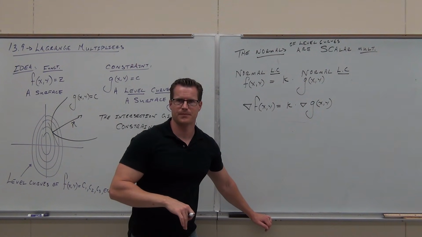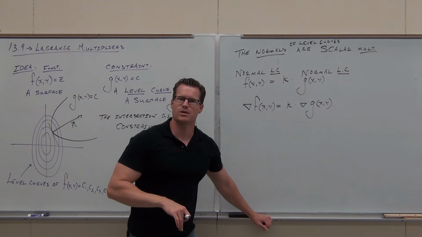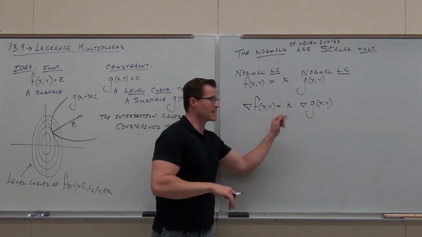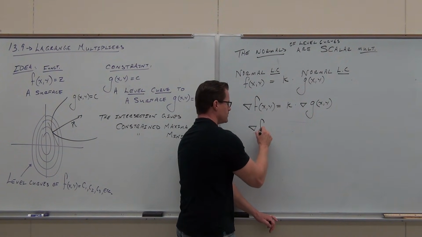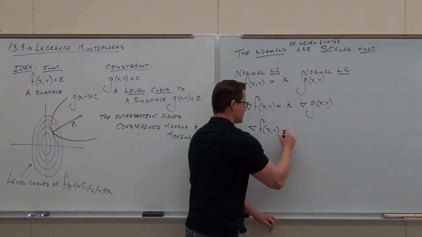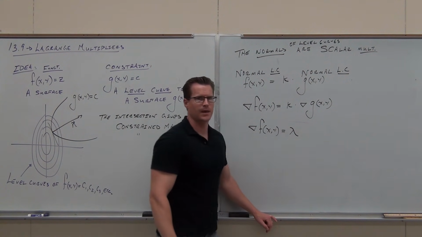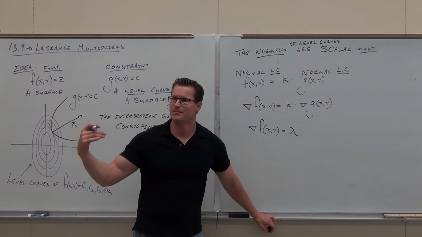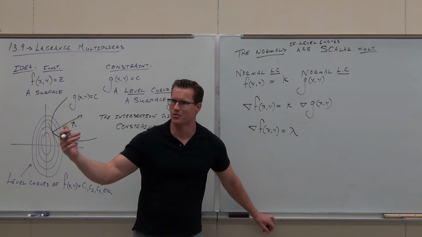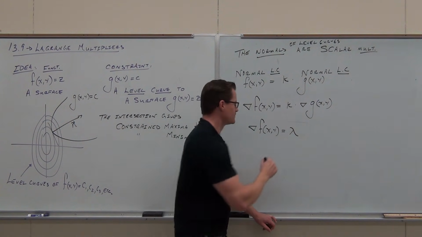Has to be. Here's what we call that constant. That scalar multiple is called lambda, and that right there is what we define as the Lagrange multiplier. Multiplier, scalar multiple, the Lagrange multiplier. That's what it is.